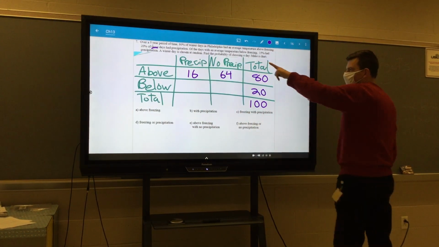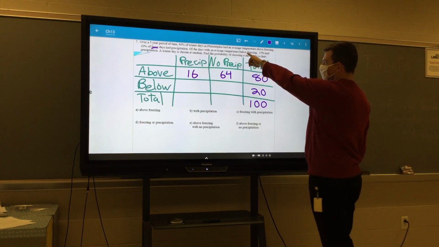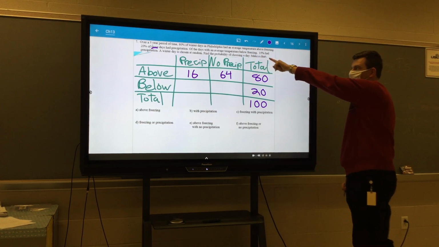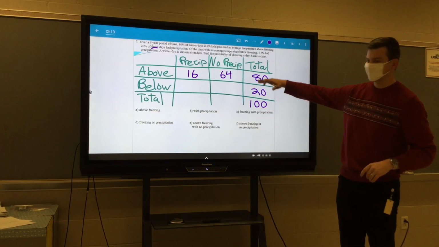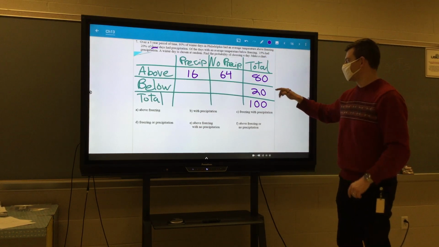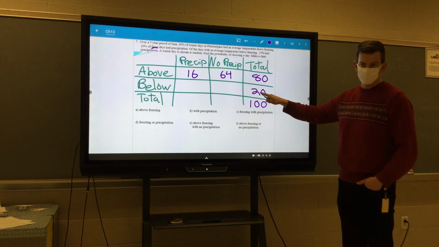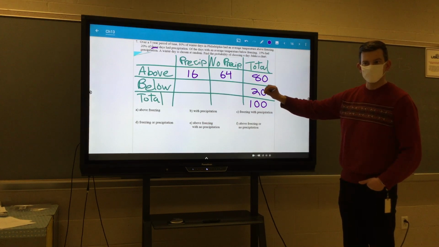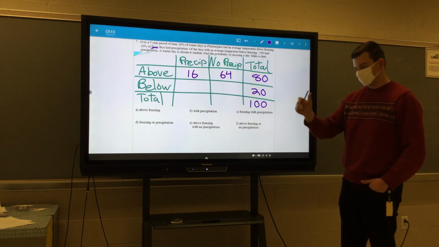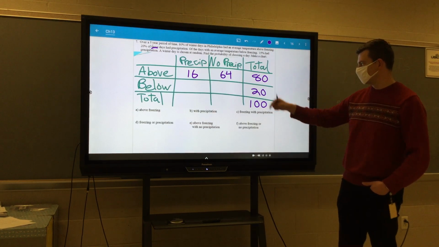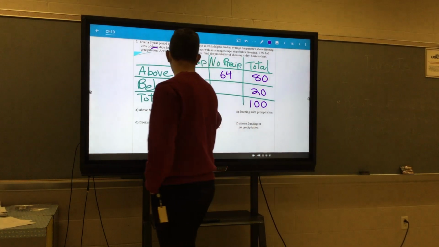Back to the problem. Of the days that were below freezing, 15% had precipitation. So these 20 days, 15% of 20, well, 10% would be 2. Half of 2 would be 1, that's 5%. 10% plus 5% is 15%. 2 plus 1 is 3.